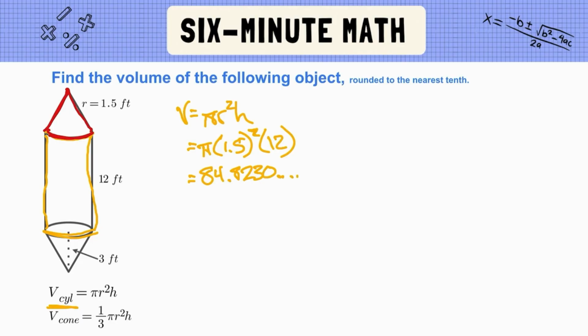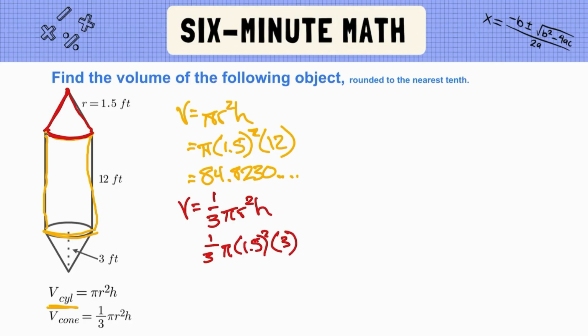Let's check out the volume of that cone. The volume of that cone is 1/3 pi r squared times the height, which is the same as 1/3 pi times 1.5 squared times 3.